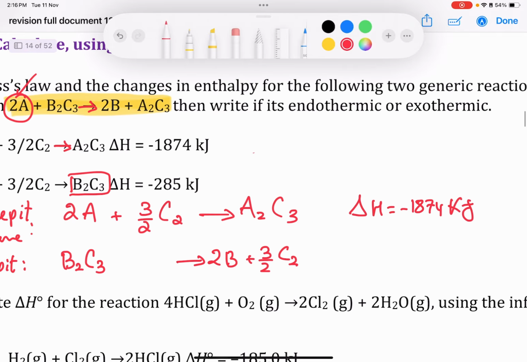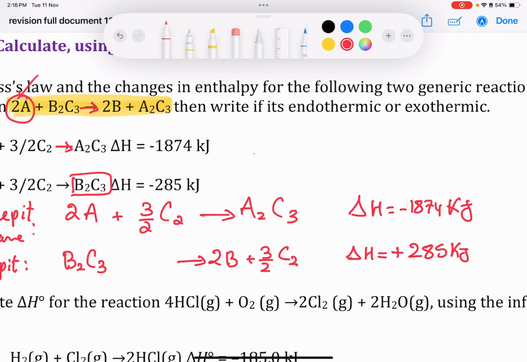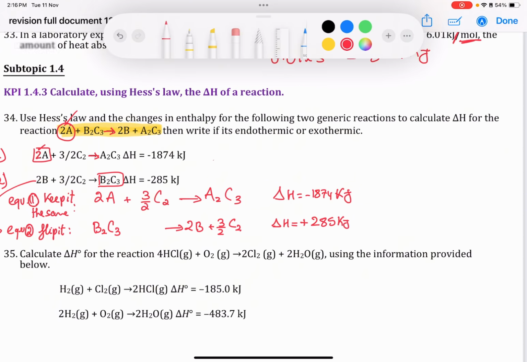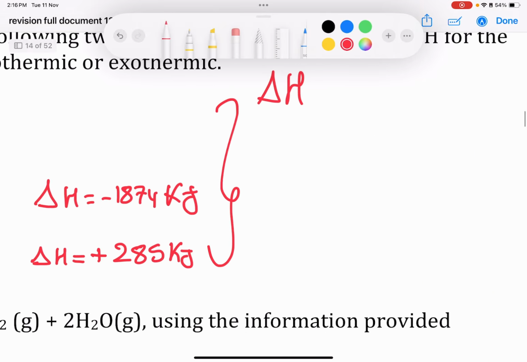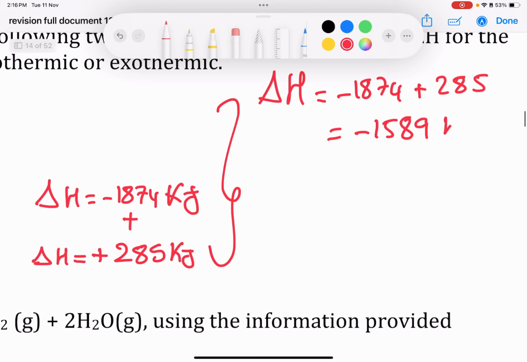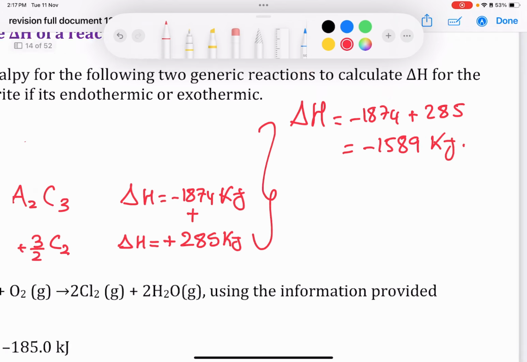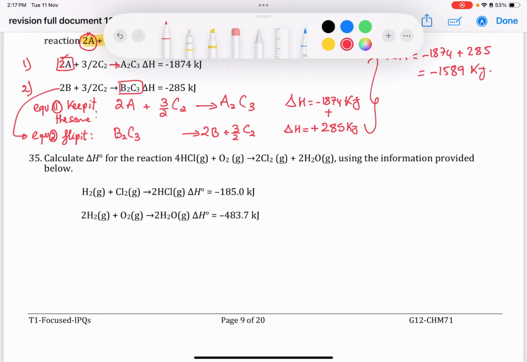Now since you flipped this equation, definitely you're going to flip the sign. 285 kilojoules. Finally, I've reached the target. The delta H of the target reaction is the sum of these two. So negative 1087, negative 874, and 285. So the final answer is negative 1589 kilojoules.